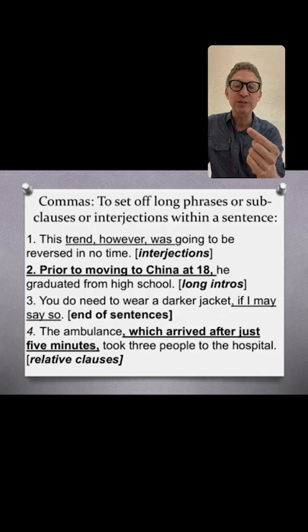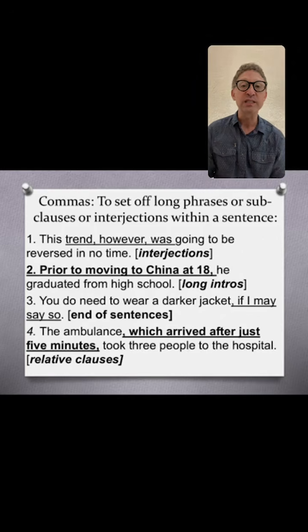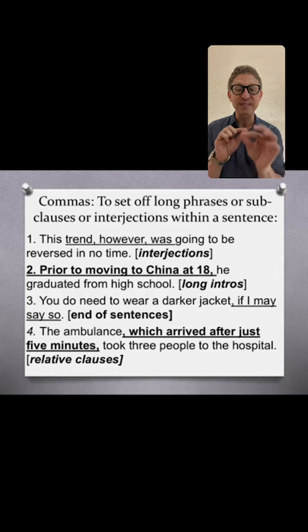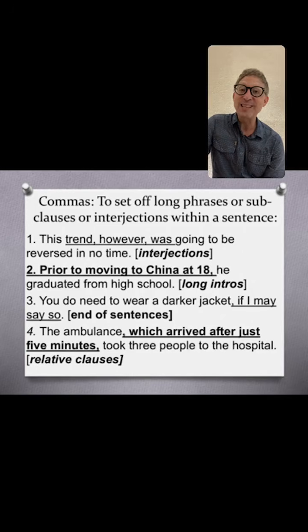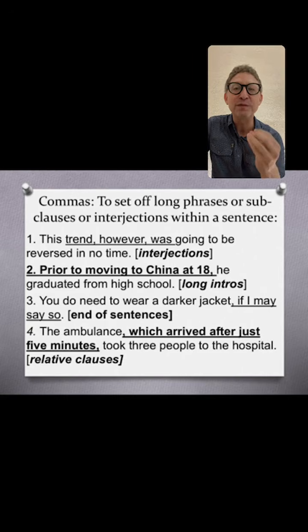But since we're adding extra information, which takes the form of a clause, an if clause, and a clause contains a verb and a noun, phrases contain nouns in general, "if I may say so" is an extra bit of information. It's not essential to the sentence, but it adds a bit of flavor, if I can say that.